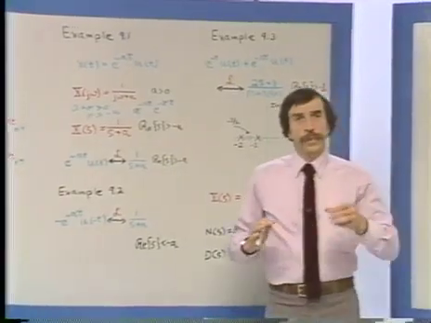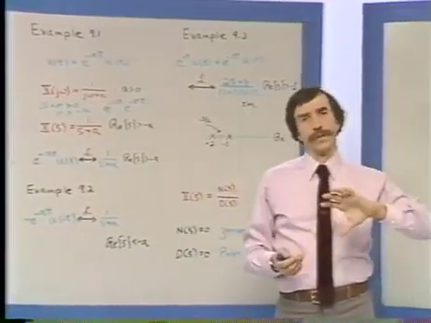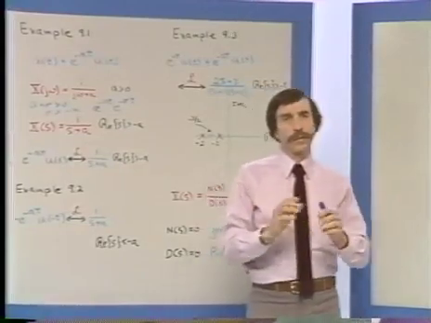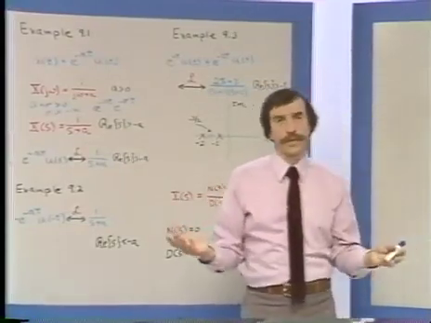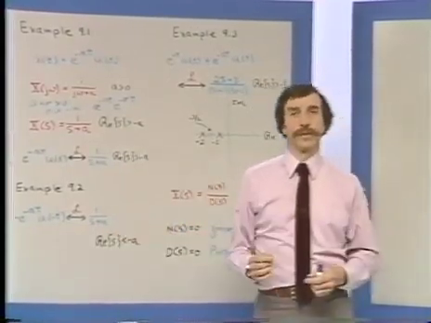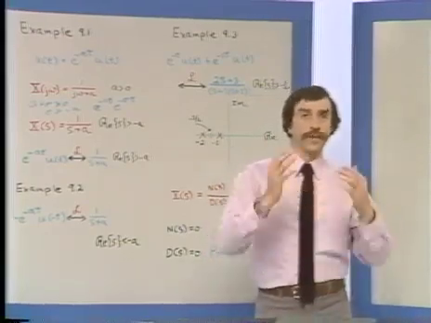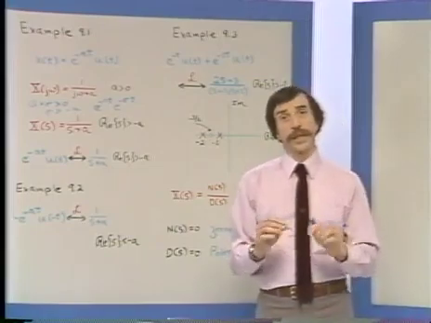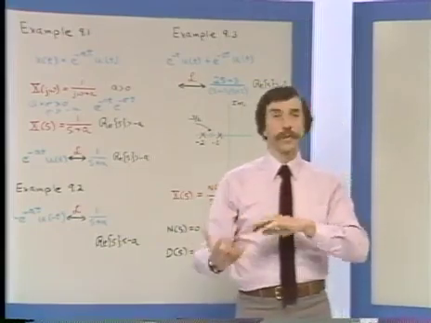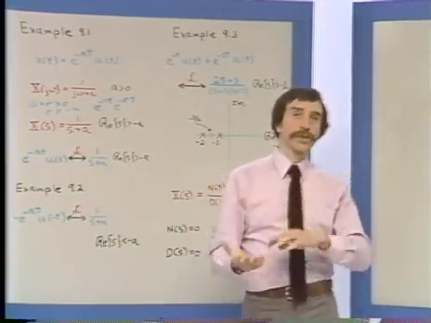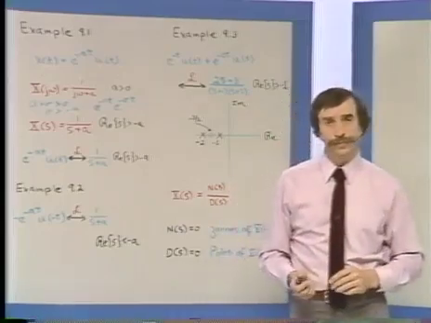Now, we haven't had this issue before of restrictions on what the value of s is. With the Fourier transform, either it converged or it didn't converge. With the Laplace transform, we now have more flexibility, and so there are certain values of the real part of s for which it converges and certain values for which it doesn't.